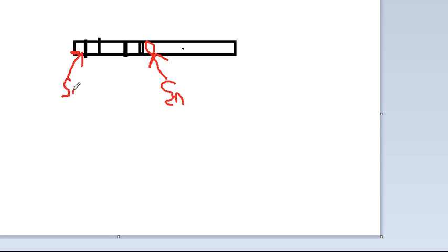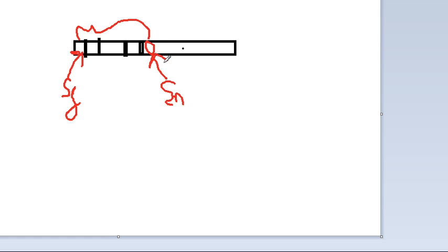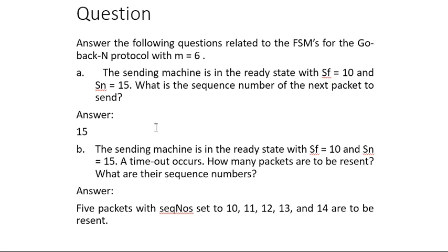For all these packets, they were sent by the sender, but the acknowledgement has not been received. So the value of SF is 10 and SN is 15. What is the sequence number of the next packet to send? The next packet to send is this one, which is 15. So the answer is 15.